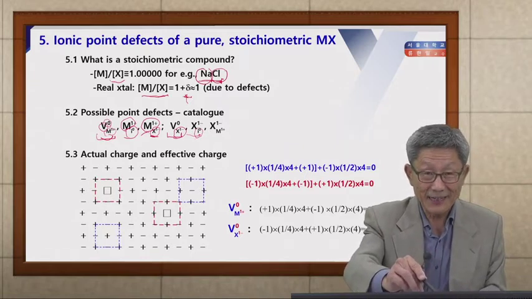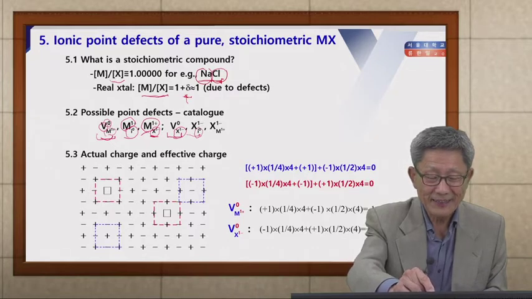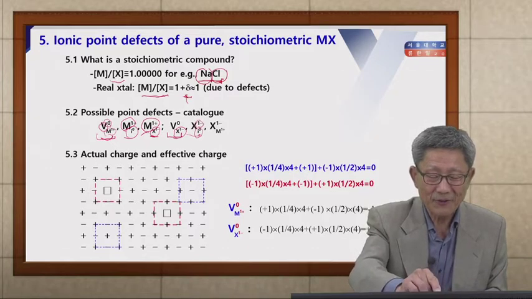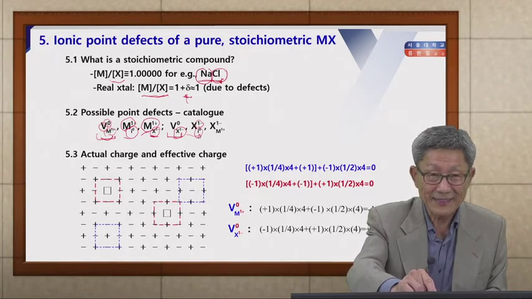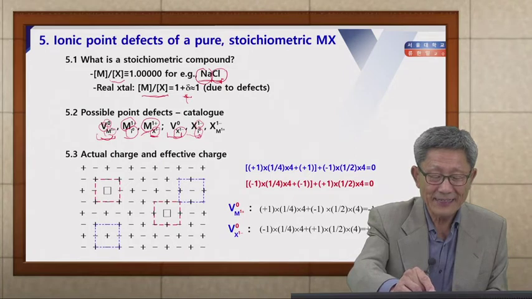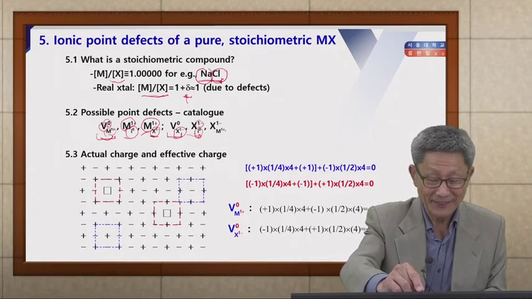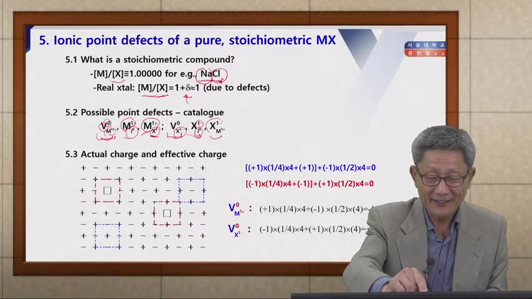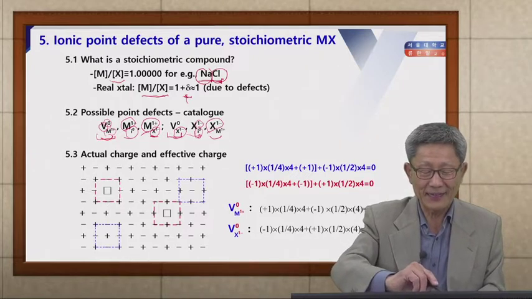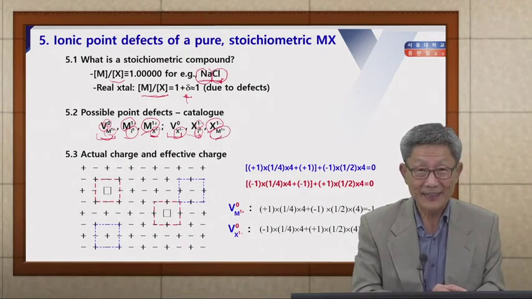So again, I would like to draw your attention to the representation of actual charge. This actual charge corresponds to this species sitting on this site. And here, this 0 represents the actual charge of interstitial site. Then misplaced anion. Okay, now anion with charge -1 sitting on the cation site with actual charge +1.